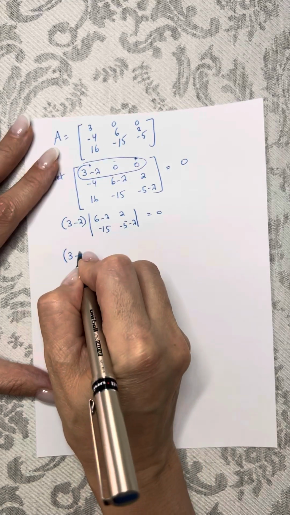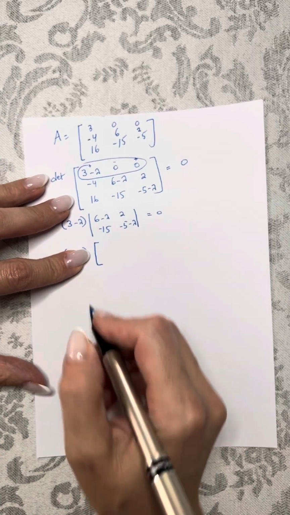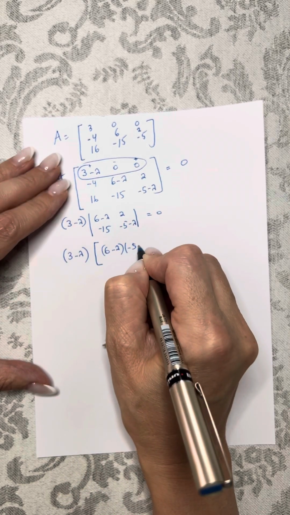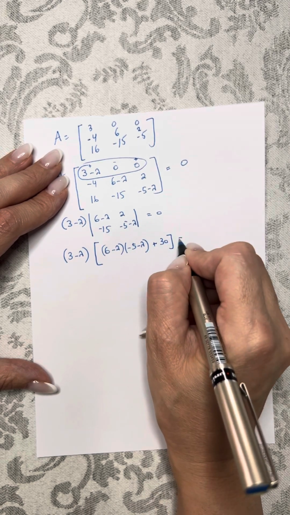Now, this is already a factor, so we keep it. Now, over here, we open bracket. We need to simplify this. We get 6 minus lambda times minus 5 minus lambda, minus 30, so plus 30.